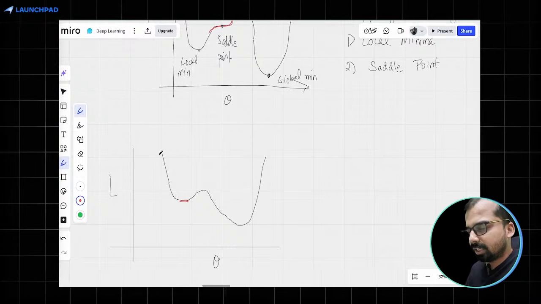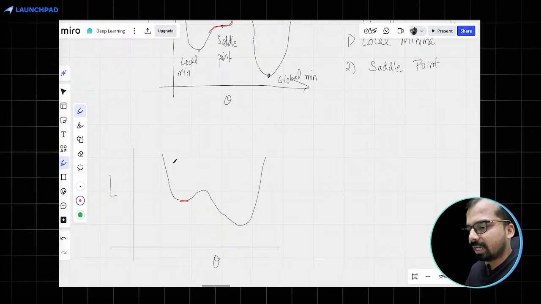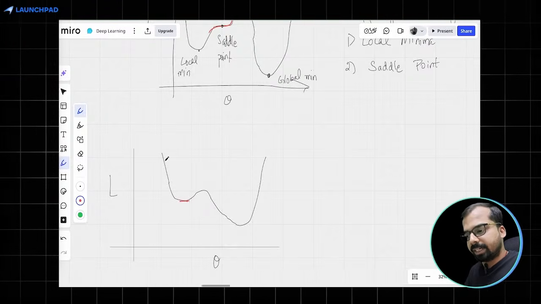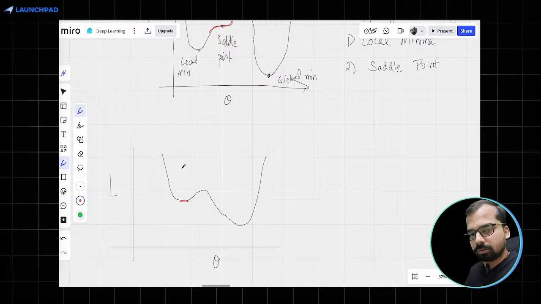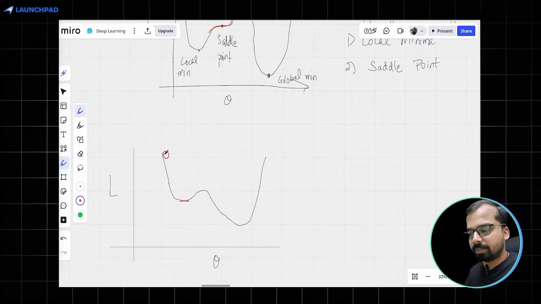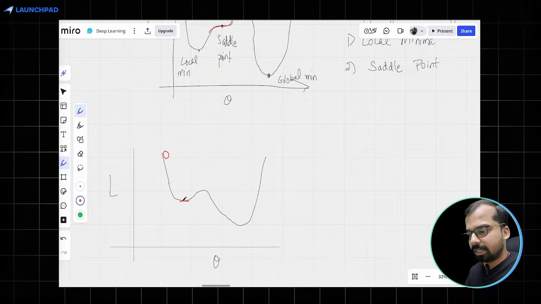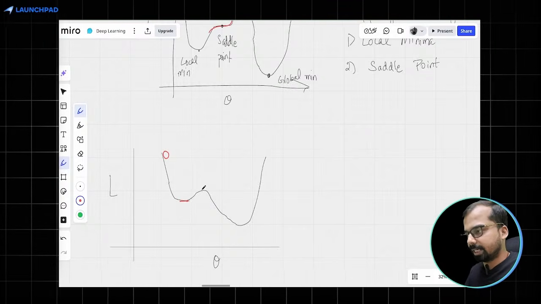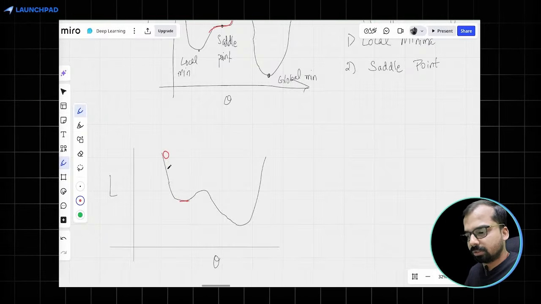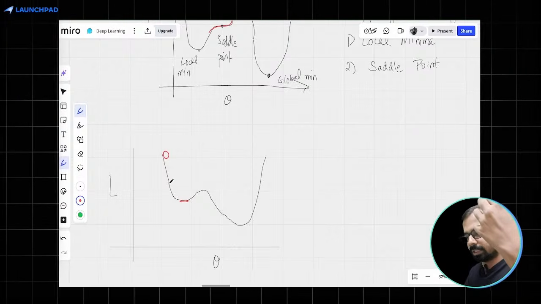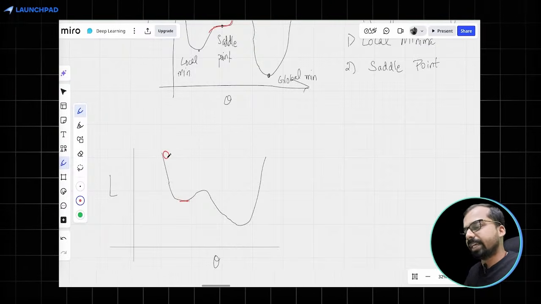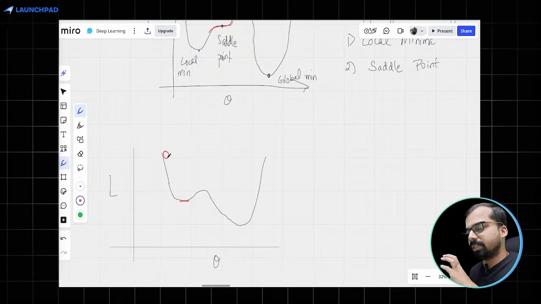But if I also take into account that before this I was going down and down and down, that accumulation, the past velocity, then it is like dropping a ball from here. It will not be stuck over here; it will overshoot this part. Why does it overshoot? Because it gets something called momentum.